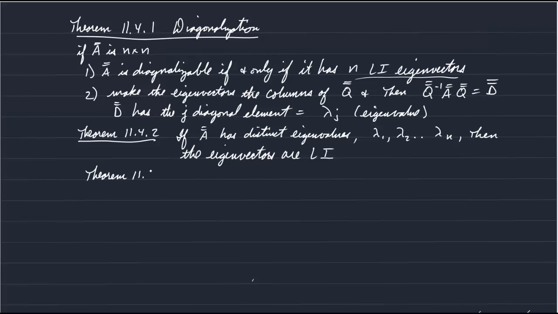The next theorem, 11.4.3, states that if A has distinct eigenvalues, it is diagonalizable.